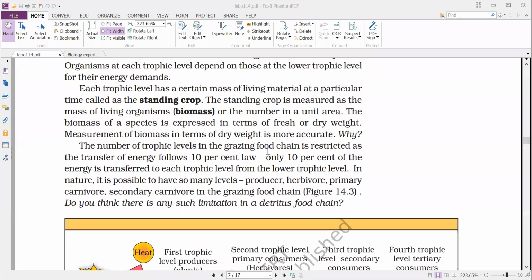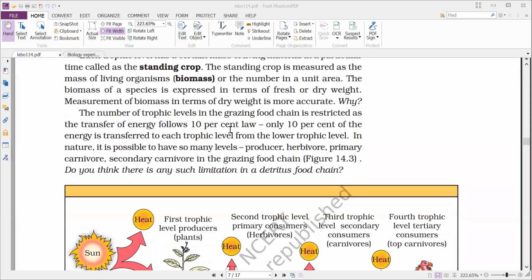Even if you take it into consideration in the weight, it has no value of energy production. That's why if you take the dry weight of biomass, it will give the accurate energy levels of that organism or of that trophic level.